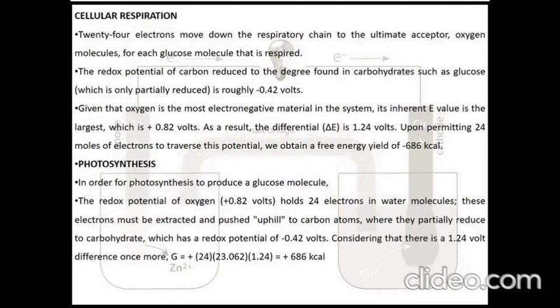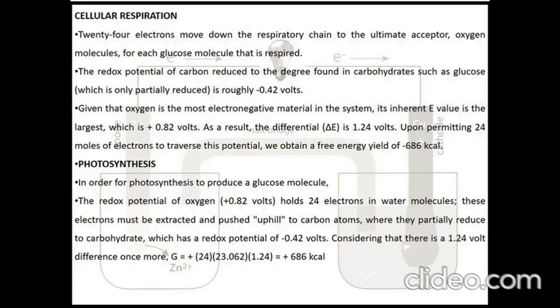Now, in cellular respiration, 24 electrons move down the respiratory chain to the ultimate acceptor, that is oxygen molecules, for each glucose molecule that is respired. The redox potential of a carbon reduced to the degree found in carbohydrates such as glucose is roughly minus 0.42 volts.